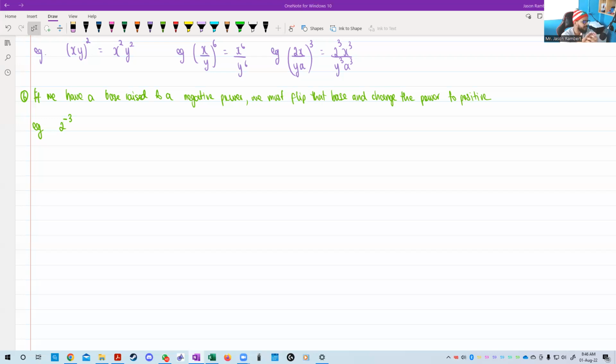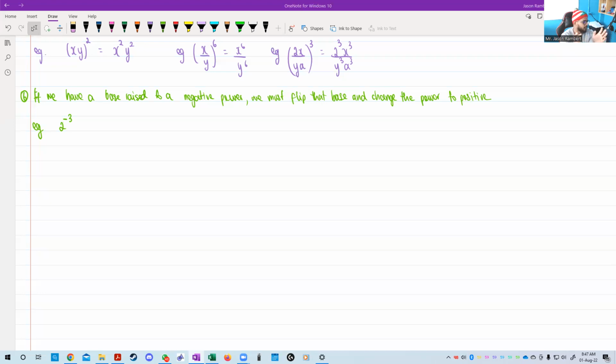Now, when I'm flipping something, some of you would like to use some fancy terms. So it's the reciprocal, it's the inverse. All I want you to do when you're flipping something: if I flip a numerator, it becomes a denominator. If I flip a denominator, it becomes a numerator.